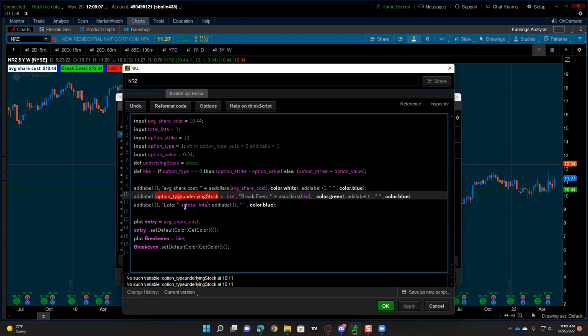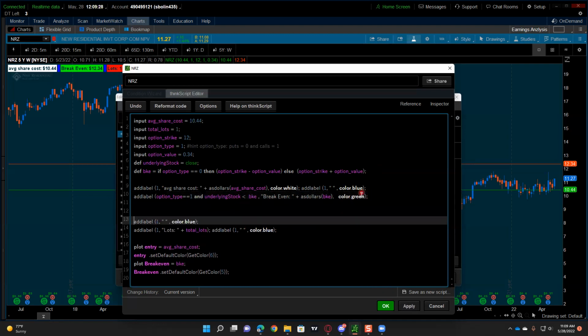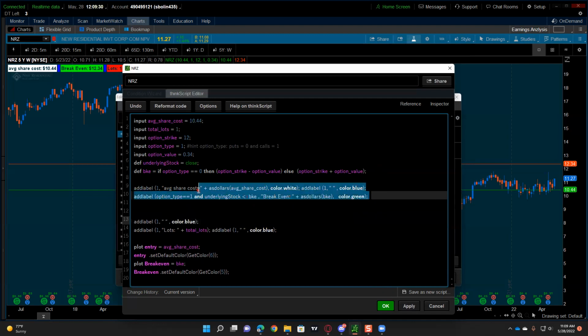So if the option type is calls and the underlying stock is less than the break even, then we'll see that line. Or then we'll see that color.